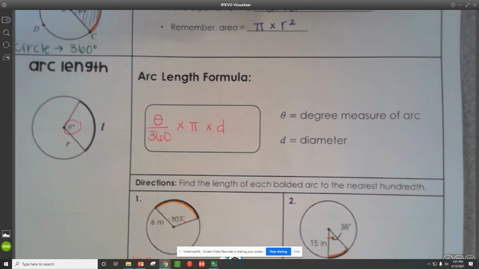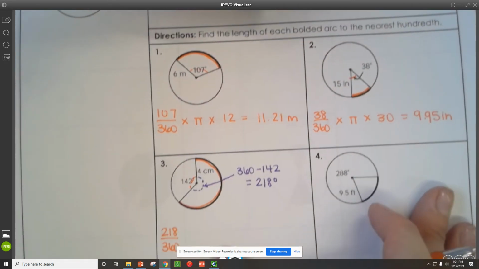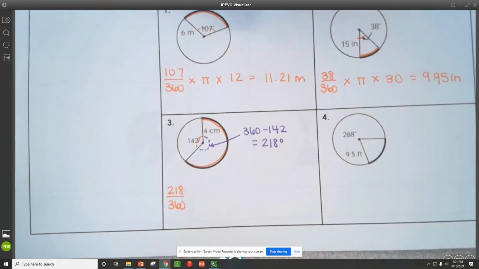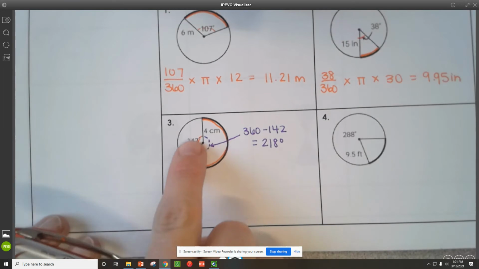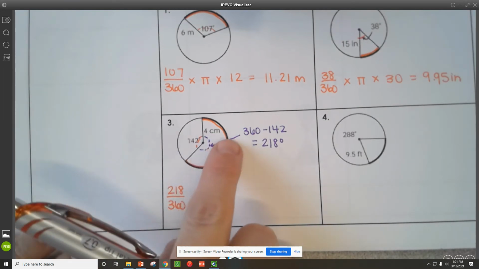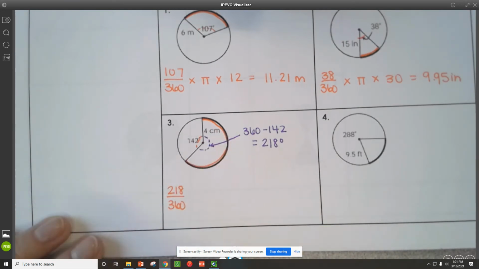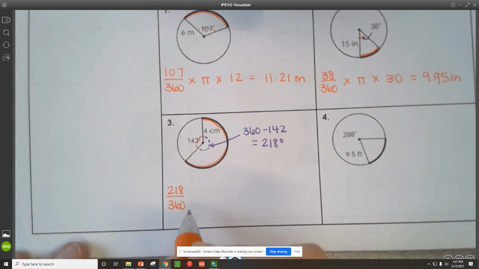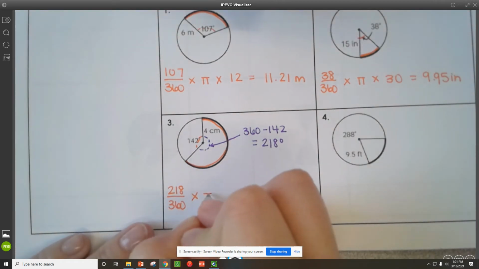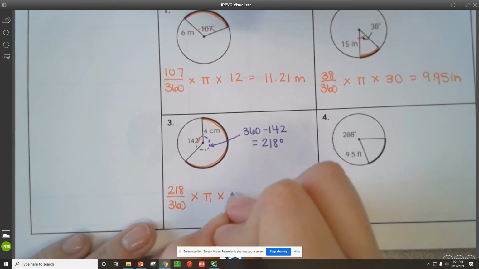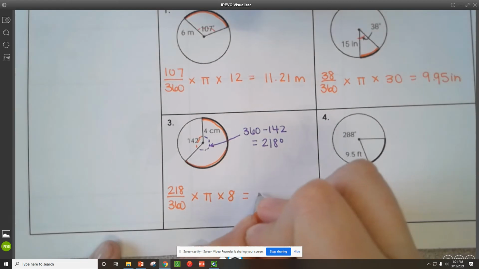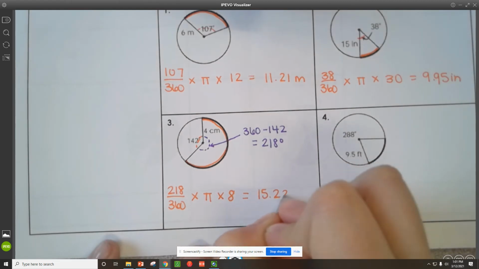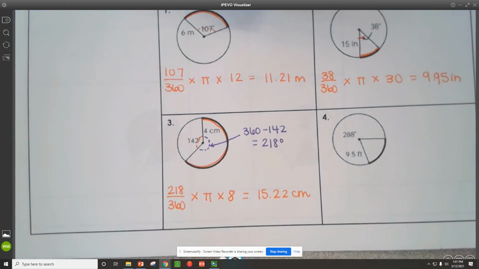Oh, and I just realized you can't see that. I am so sorry. So notice the 142 was on the other side. 218 is the side that we needed. So 218 over 360 times pi times diameter, which is 8. And we get 15.22 centimeters.